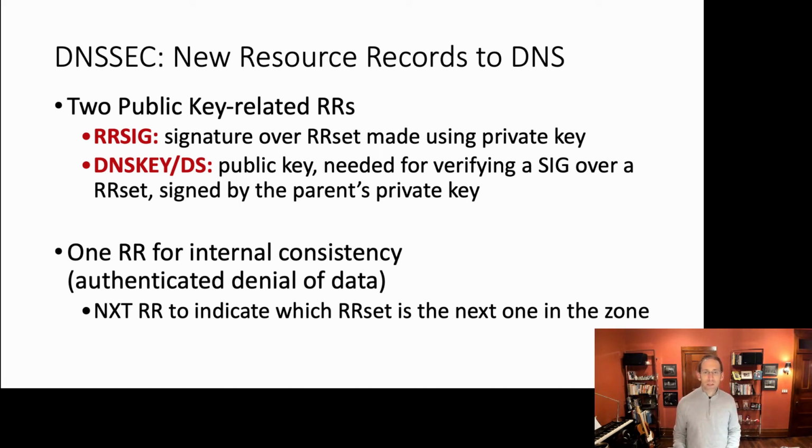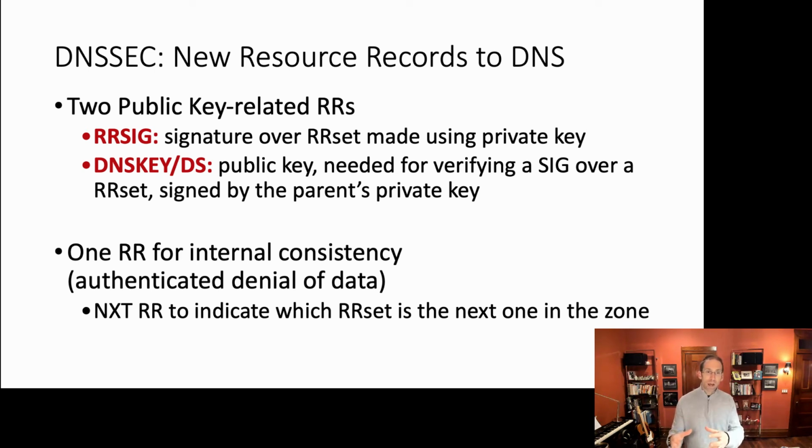And this is a public key. That public key is needed for verifying the signature, the RRSIG, over an RR set, which is signed by the parent's private key. So what we'll see in a subsequent example is that an authoritative name server would return the RRSIG, or a signature over that RR set, signed with its own private key that could be checked with a public key that the client already has from the next level up in the hierarchy.